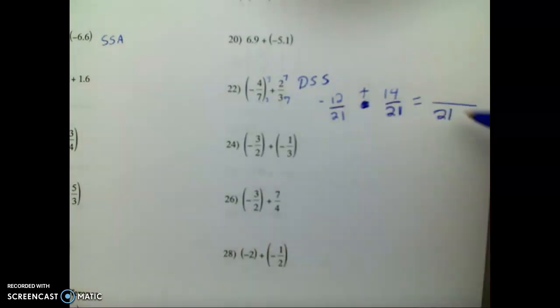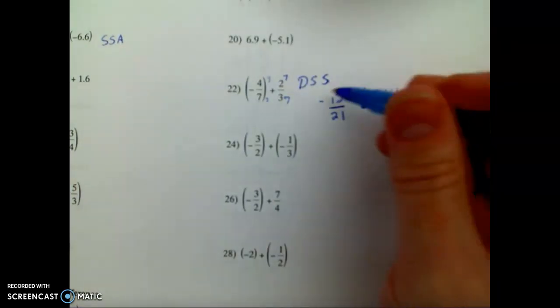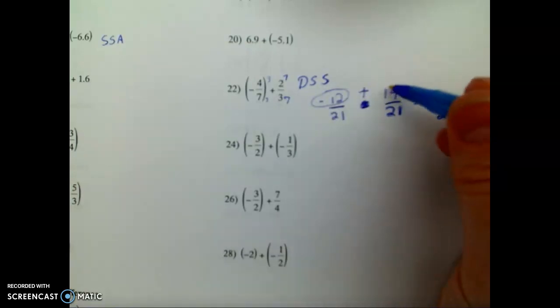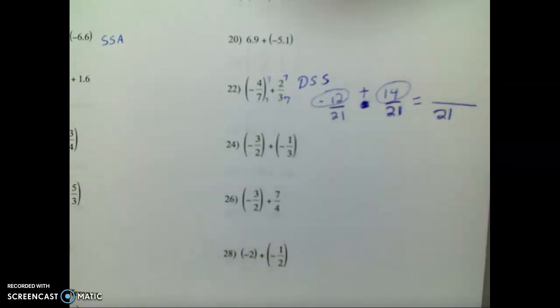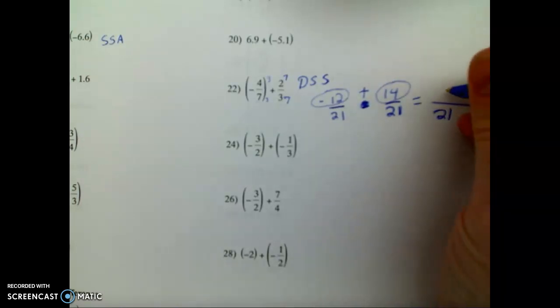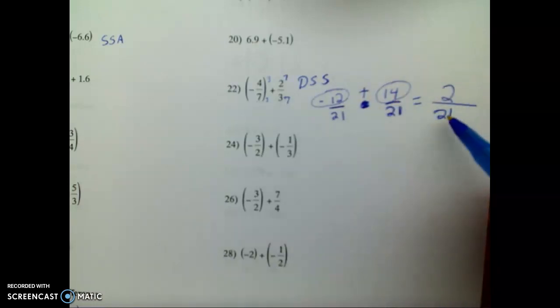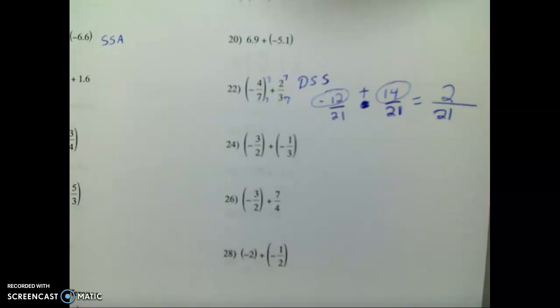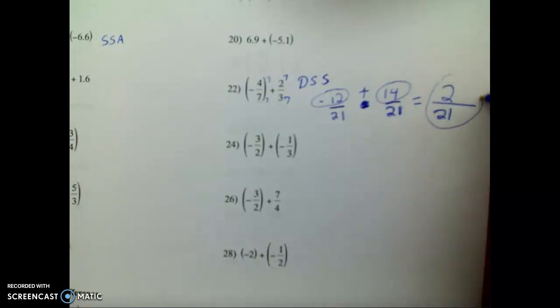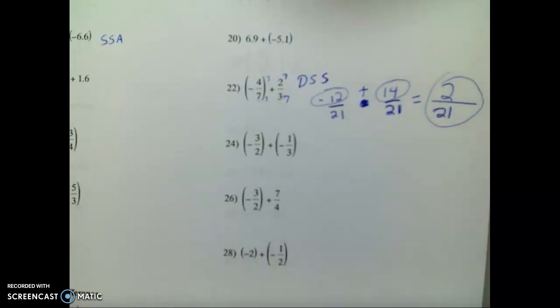Remember, when you add them together, the denominator stays the same. So we're going to look at this negative 12 and a positive 14 and use different signs subtract. 14 minus 12 is 2. And because 14 is bigger, I know that this needs to be a positive answer. There, I'm done. All right, try a few fractions on your own and come back on number 29 and we'll work together. Go.